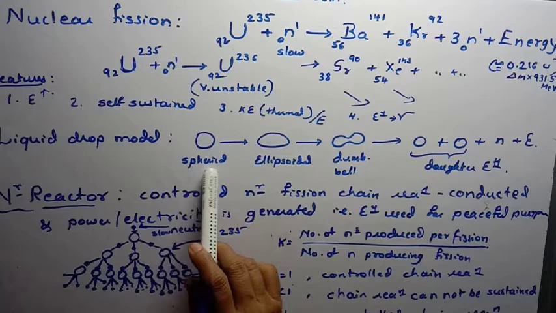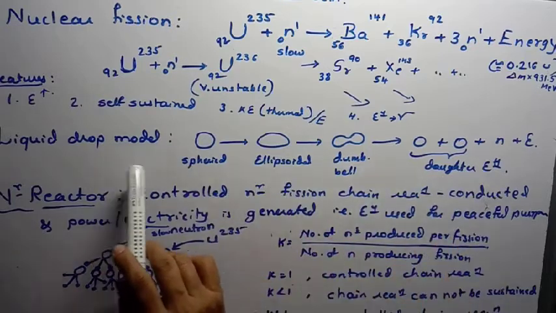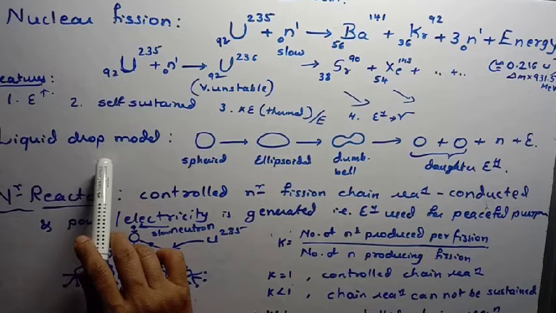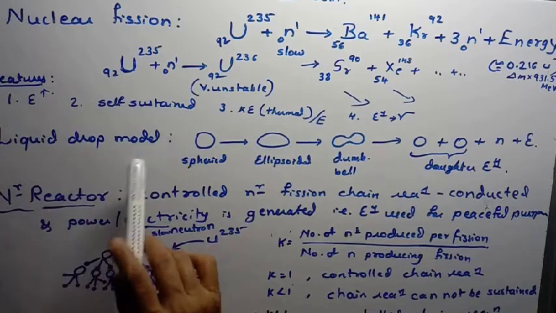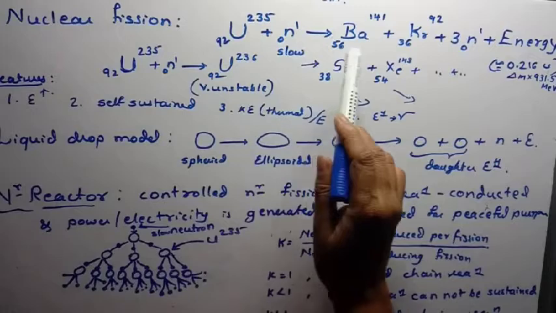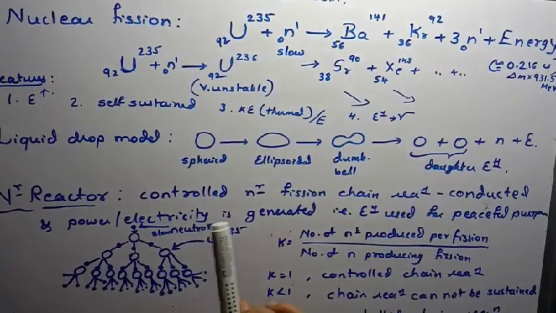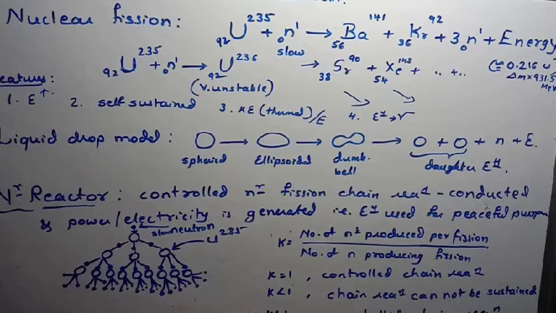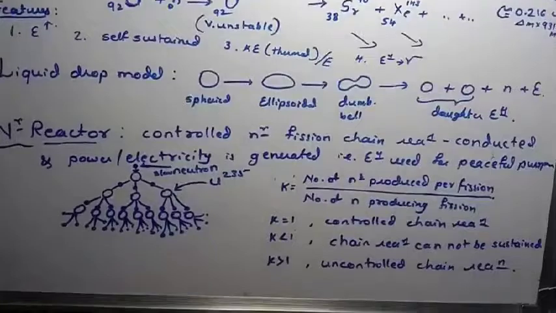So this is the basic principle which can be compared with the splitting of water droplets or liquid droplets, and therefore the splitting of a heavy nucleus into lighter nuclei can be explained with the help of the liquid drop model. Now with this we'll move on to the next topic, that is nuclear reactor.